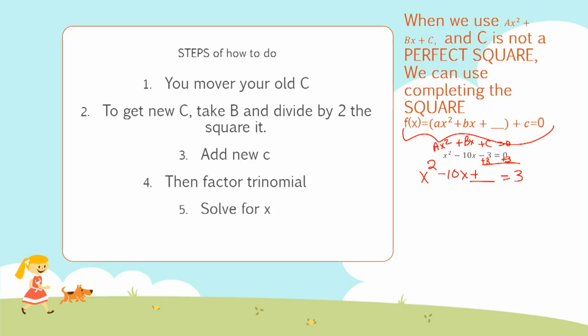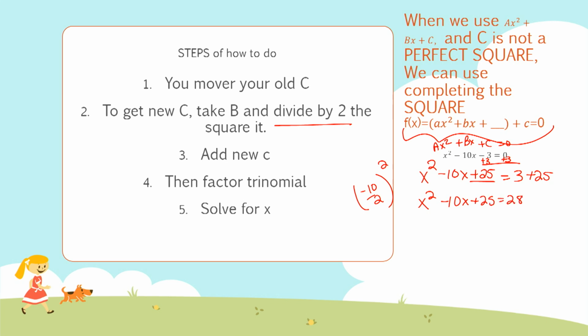I'm going to take my b, divide it by 2, then square it. Negative 10 divided by 2 is negative 5. Negative 5 squared is a positive 25. Whatever I do to one side, I do to the other. Then I'm going to rewrite: x squared minus 10x plus 25 equals 28.